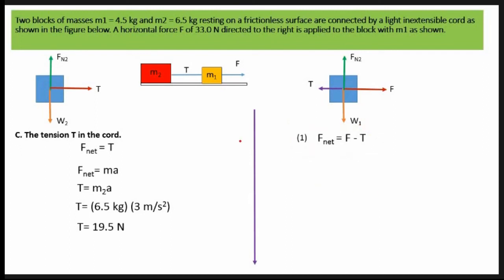Since we know already that this one involves the law of acceleration, let's summon that formula. F net is equal to mass times acceleration. In this situation, F net is equal to applied force minus tension force. So we will break this down and substitute it. So F minus T is equal to MA.